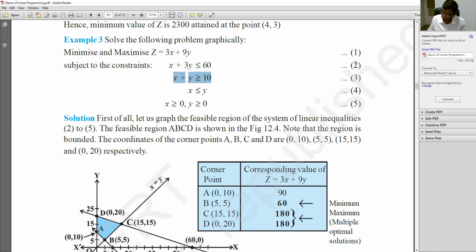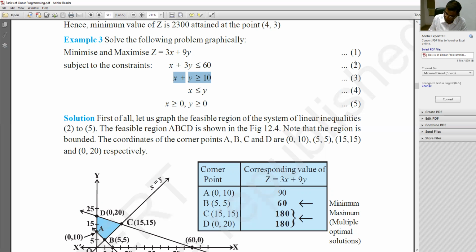Therefore the point (x, y) is (0, 20). I hope you are getting me.